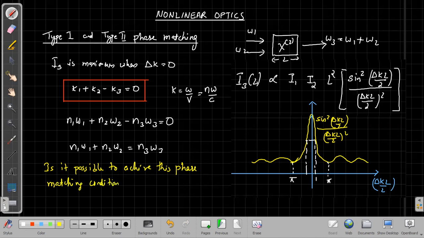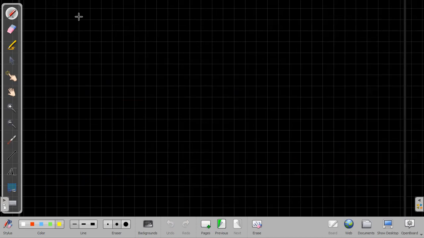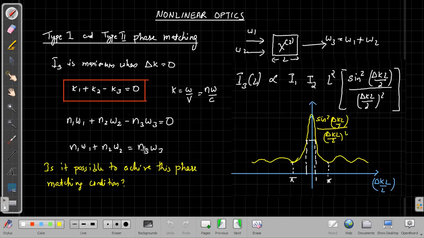In order to check this, we have to do some algebra. We can write N3 first in terms of N1 and N2. The phase matching condition we can rewrite as N3 equal to N1 omega 1 plus N2 omega 2, all divided by omega 3. This is nothing but the same equation; I just took omega 3 to the left side into the denominator.